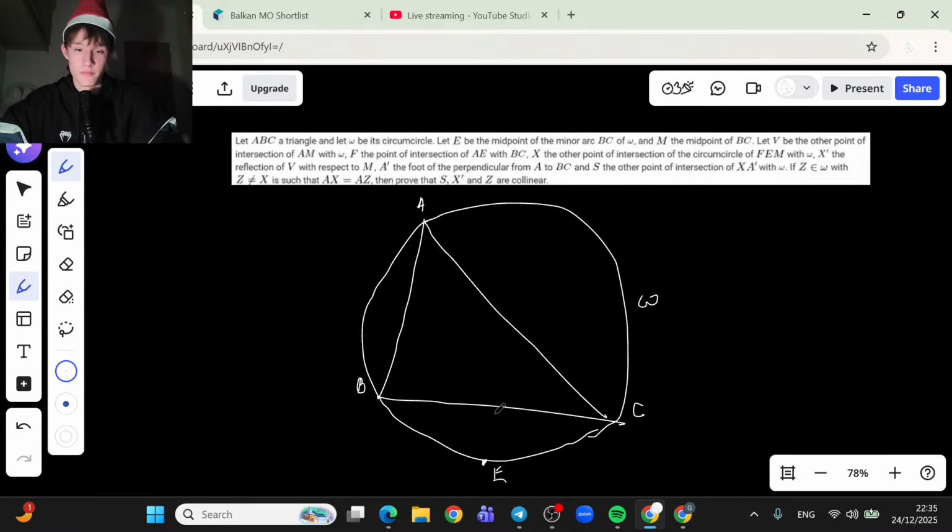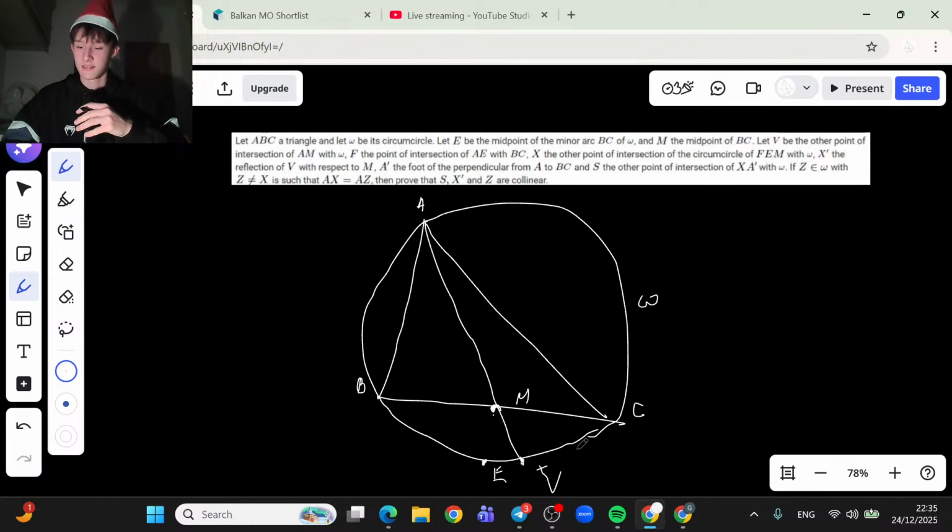Okay, M is the midpoint of BC. After E is the midpoint, I don't expect anything from this question. Let V be the other point of intersection of AM with omega. Jesus, bro. I know that it's some guy from Vietnam that created this question probably, because no one else actually names these points like that.